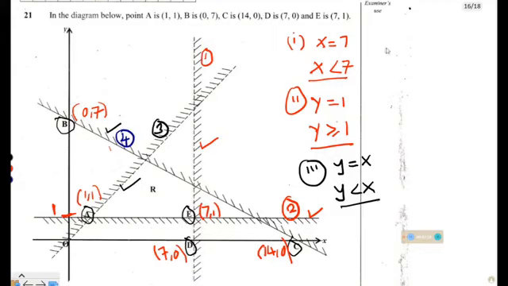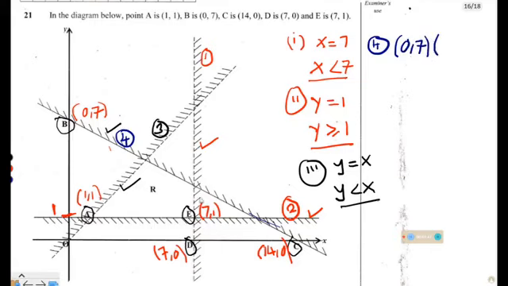So for our line 4, what we need to do first is, this line is passing on this point B, which is (0, 7). So I'll pick this coordinate (0, 7).